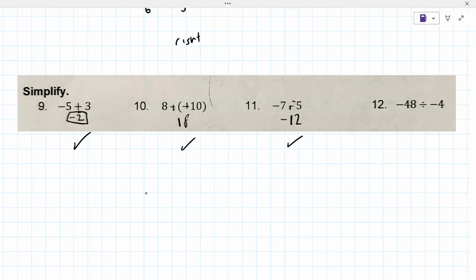Sorry, so the last one there, they're both negative, so negative divided by negative is a positive. It is 48 divided by 4. That's the correct order. Positive 12. Yes, good.